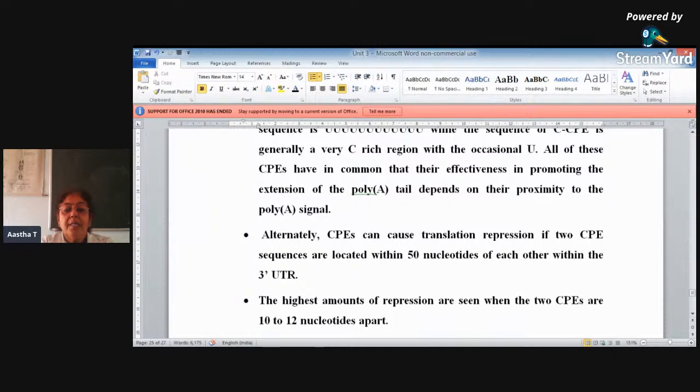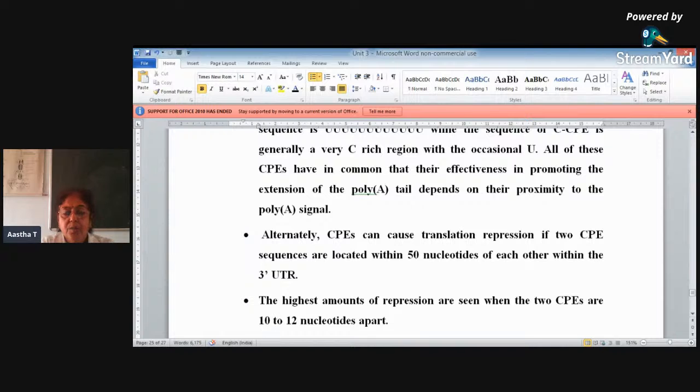CPEs can cause translation repression if two CPE sequences are located within 50 nucleotides of each other within the 3' UTR, untranslated region. UTR is nothing but untranslated region.